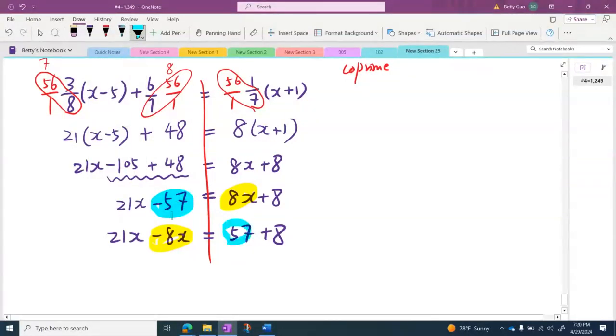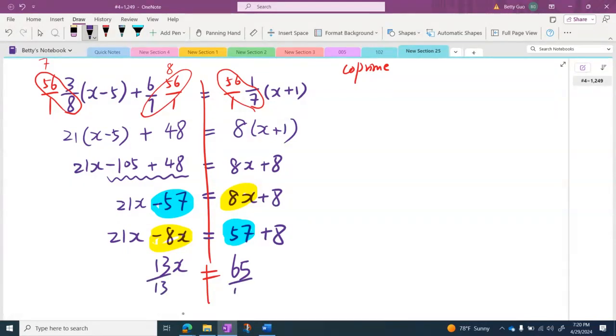Negative 57 moves to the right, so negative becomes positive. And then we combine like terms. We have 21x minus 8x, that is 13x. On the right side, 57 plus 8, 65.